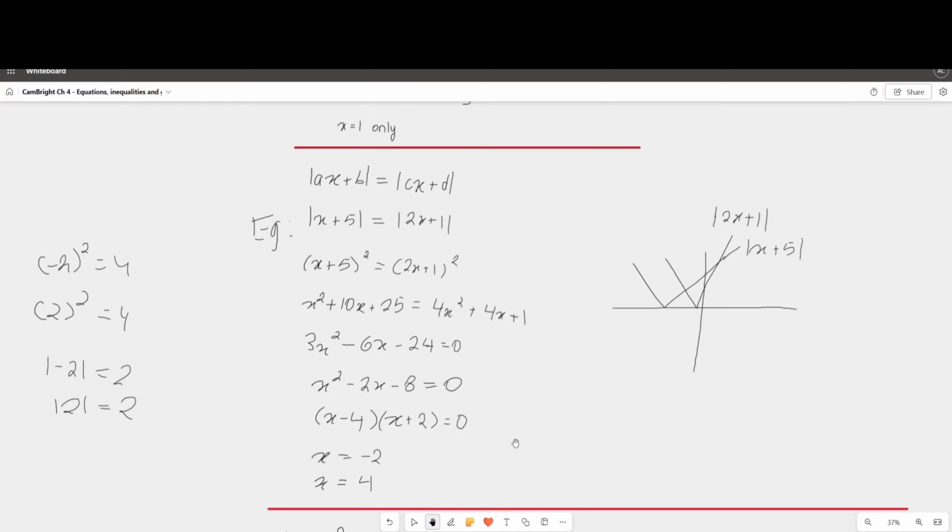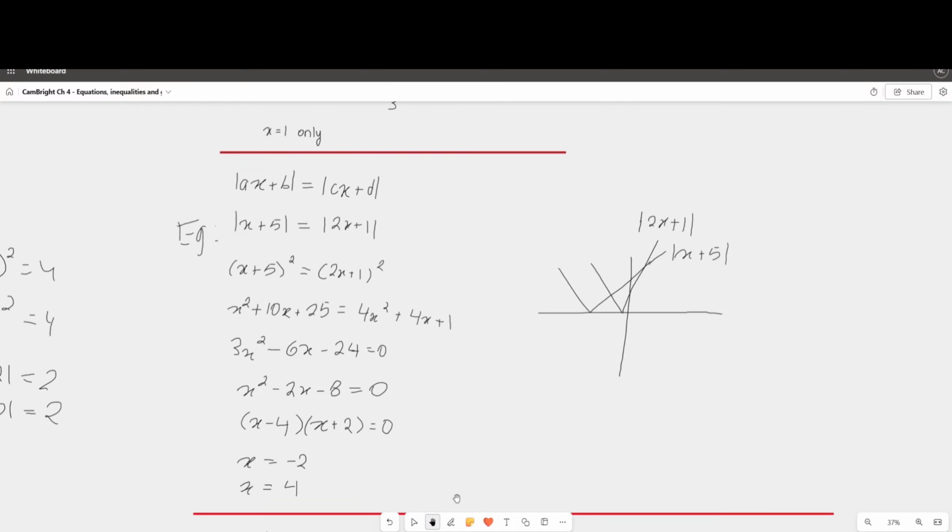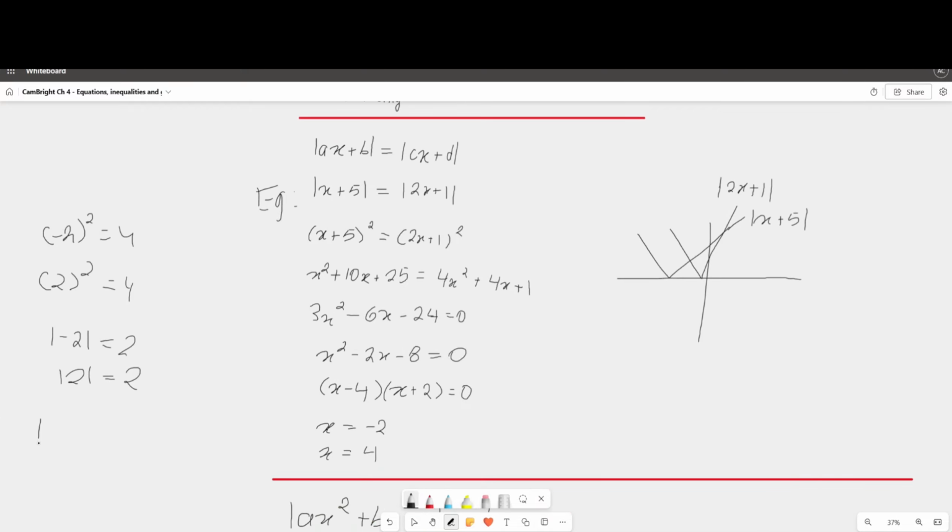The actual definition of modulus involves this thing here, which is a technical definition considered in higher advanced mathematics. You don't need to know this, but that's one of the higher definitions, and that's why this method works.